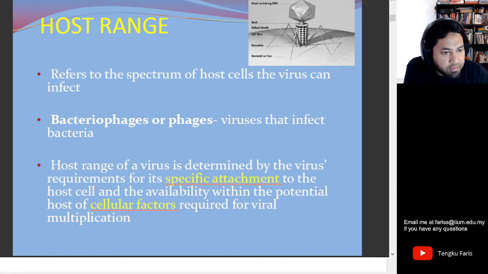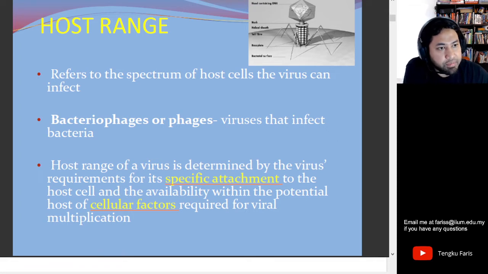The host range of a virus is determined by the virus's requirement for specific attachment to the host cells and the availability within the potential host of cellular factors required for viral multiplication. In other words, viruses are very selective in choosing the range of host cells they want to infect.